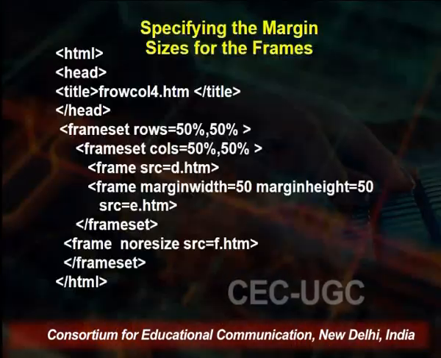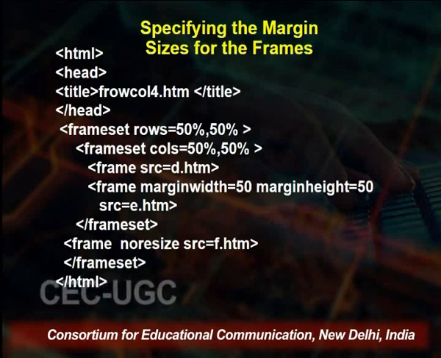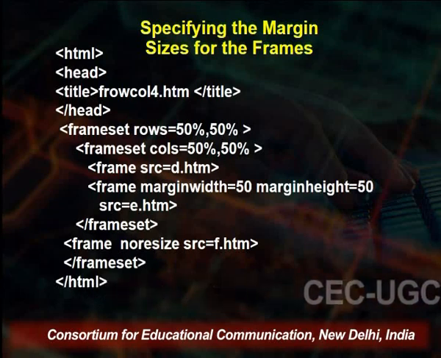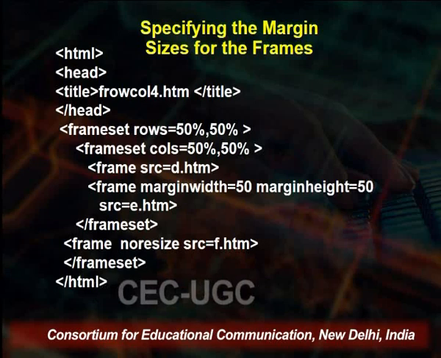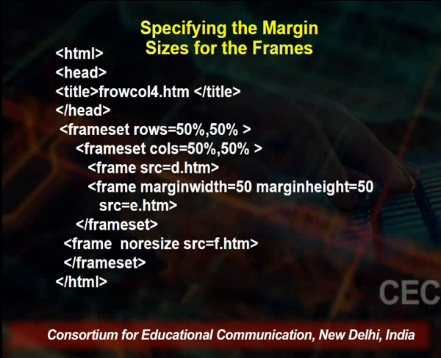So in this example you can see we have described a frameset. This is a 4 frame grid that we have created, which has 2 rows and 2 columns. In the first frame we have given no margins, but in the second frame we have given a marginheight and marginwidth of 50 pixels.